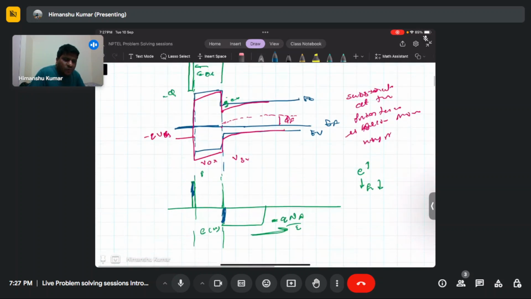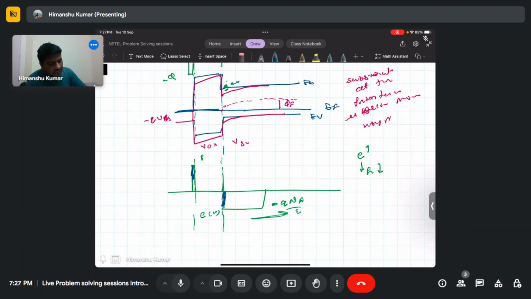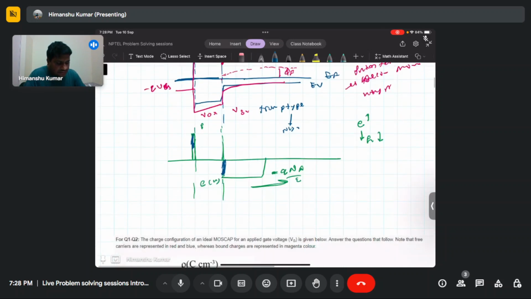And if you apply such a bias at this interface, your substrate becomes from p-type to n-type. What is meant by becoming n-type is basically your Fermi level will become closer to the conduction band, such that the electrons accumulated at the interface, n, is equal to p, the doping concentration in the substrate.